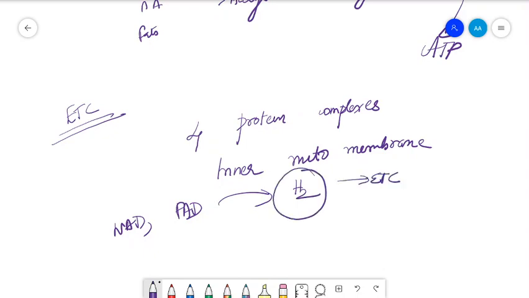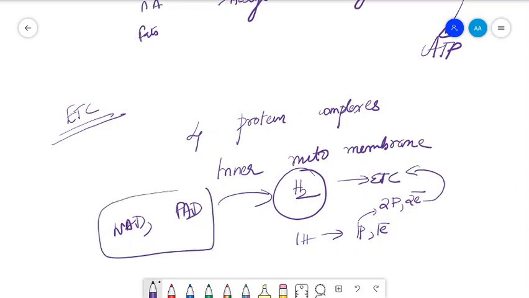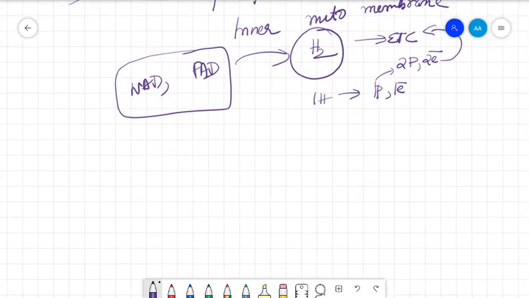Each hydrogen atom consists of 1 proton and 1 electron, so 2 hydrogen atoms supply 2 protons and 2 electrons. That is the source of electrons in this chain, from the reducing equivalents generated from the oxidation of foodstuffs.